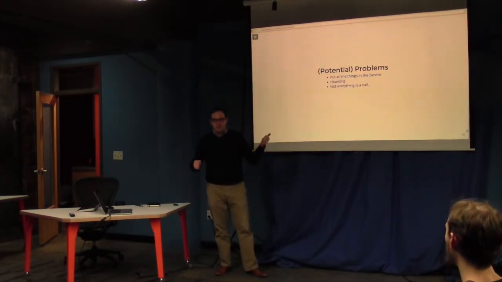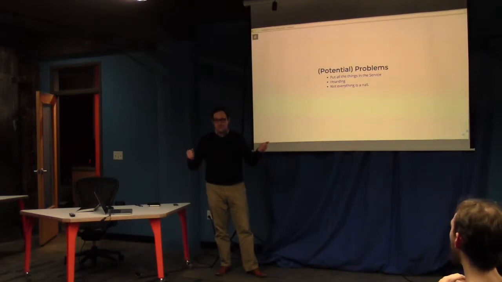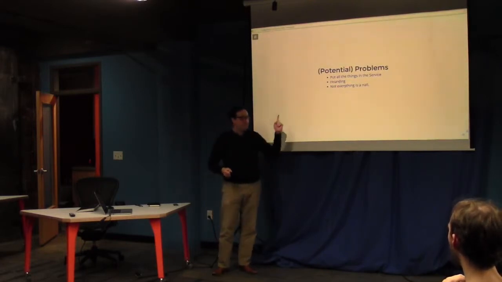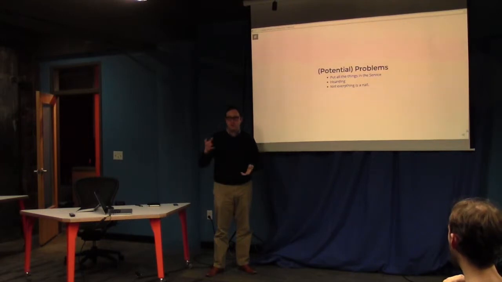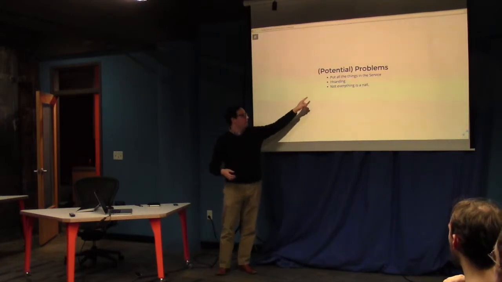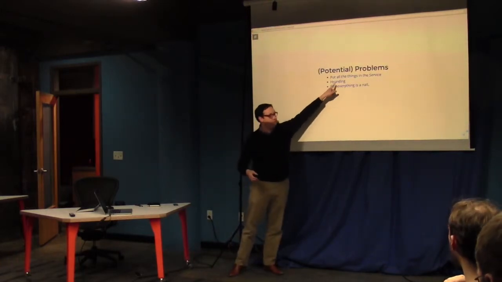Not everything is a nail. You know, if you've got a hammer, everything looks like a nail. Not everything needs to be put in the service. You've got a flag on your scope. You want to say something's active or not, just throw that in the controller if it makes sense. You don't need to have everything. And this also kind of goes up to put all the things in the service.